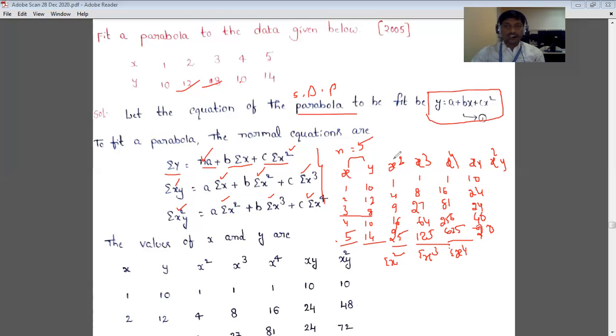And x square y is obtained by multiplying these terms, then you get summation x square y.